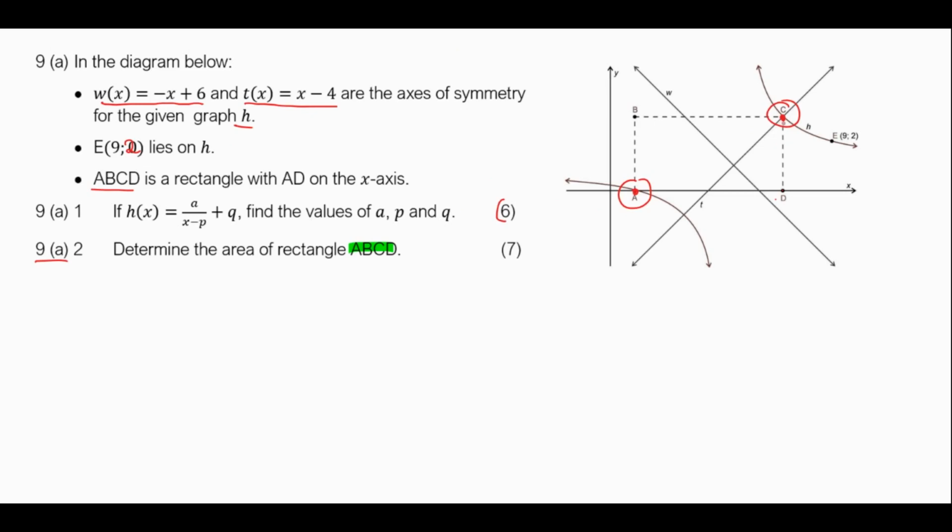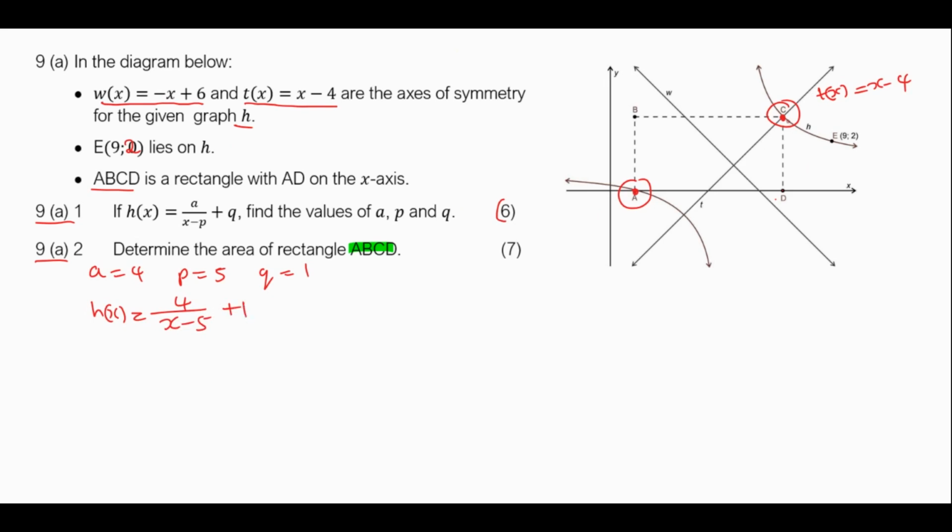C is the point of intersection of T of x and H of x. We remember we found the equation of H of x in question 9a1. We found that A is equal to 4, P is equal to 5, Q is equal to 1, meaning that H of x is equal to 4 over x minus 5 plus 1.